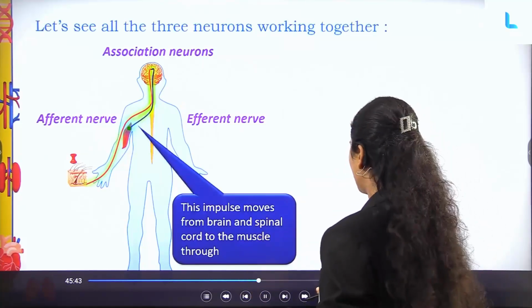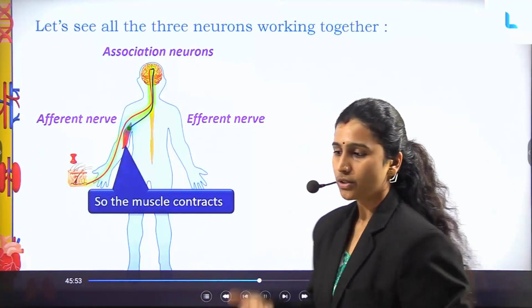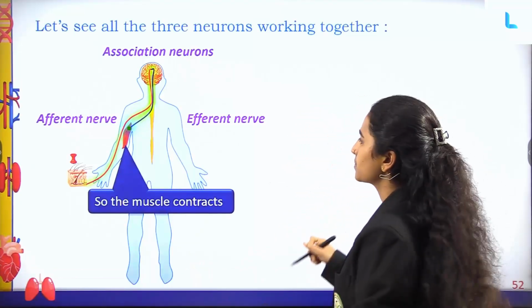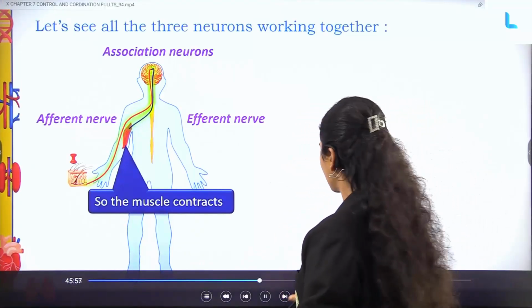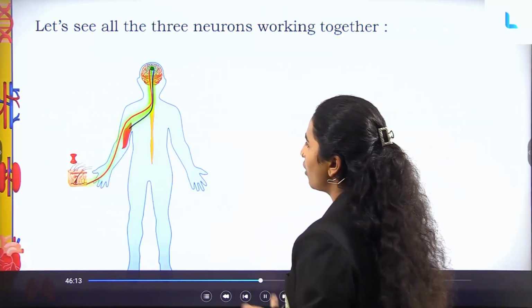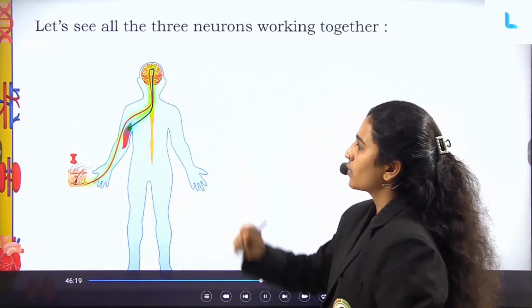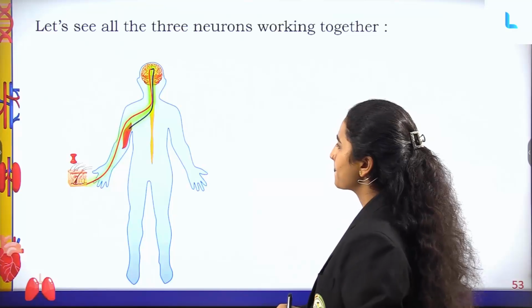This is how they perform the action. The muscle will contract, so we take off our hand and are able to move the hand off the prick. So this is how we get the message.